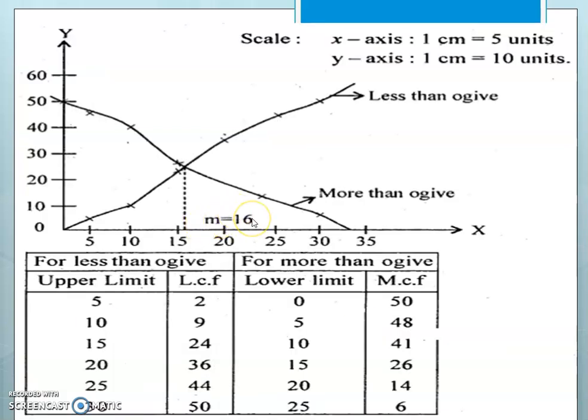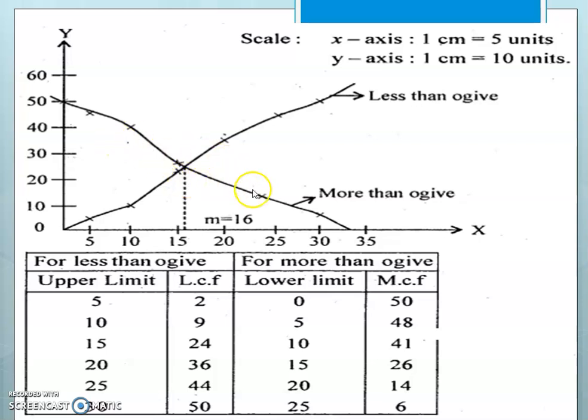Now there is another way of finding the median from the graph by plotting the less than type curve and the more than type curve together on the same graph. We have now done only the less than type in the graph. For the same data, you will obtain the table in both ways. First you will obtain the coordinates of less than type data, then the coordinates of more than type data, and you will plot both of them together on the same graph.